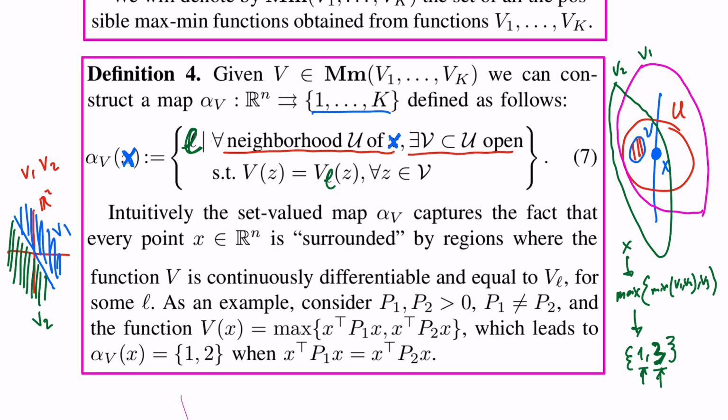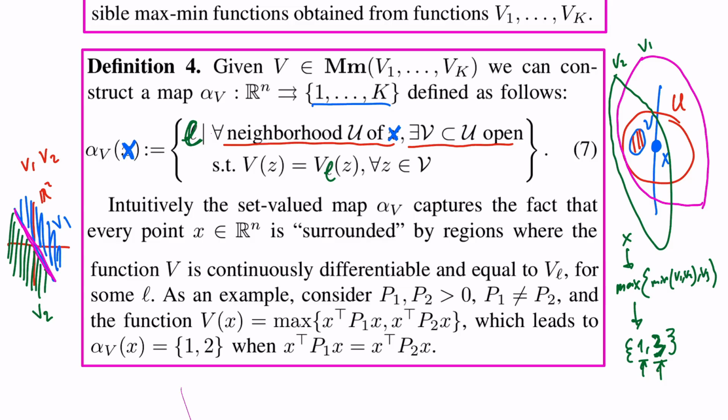Then let me get another color. That part, this boundary, is the keyword here. This boundary is switching, or some discontinuity taking place. We need to have some special care for that set.